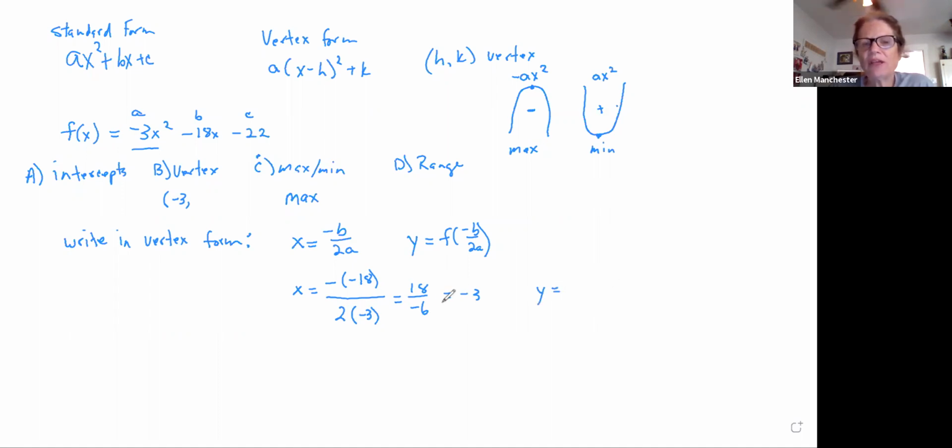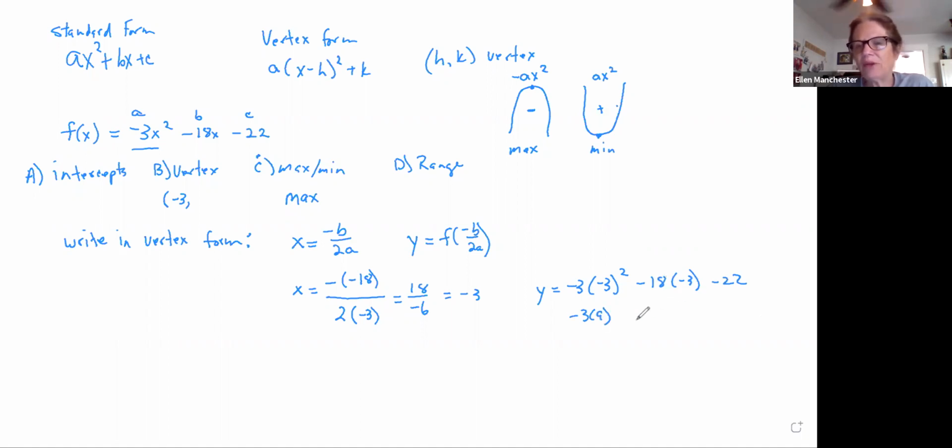Well, the y value, I take this negative 3 and I plug it back into my original equation. So wherever there's an x, I'm going to take that out and put in my negative 3. Now I just work it out. Negative 3 times negative 3 squared is negative 3 times 9.